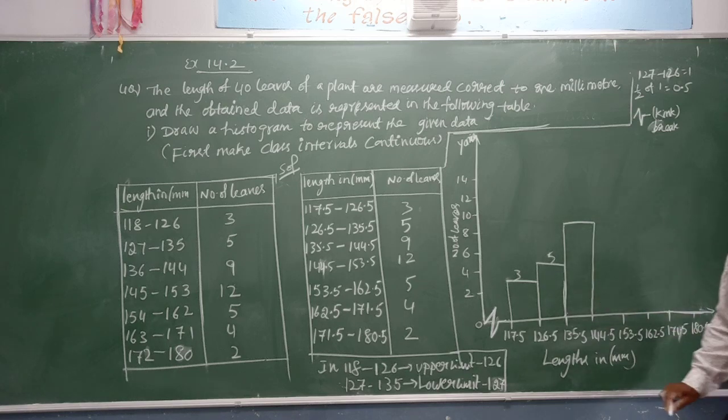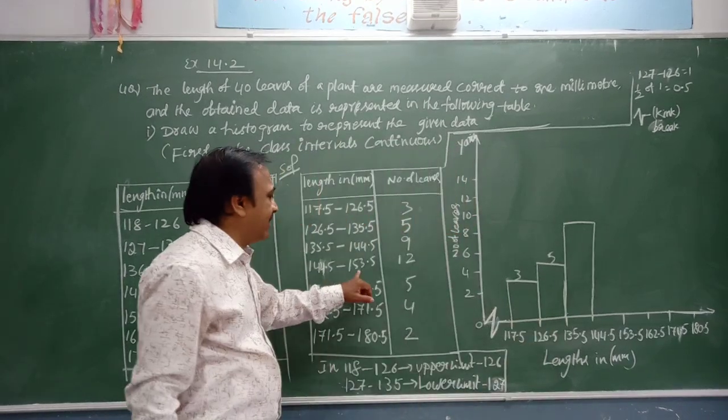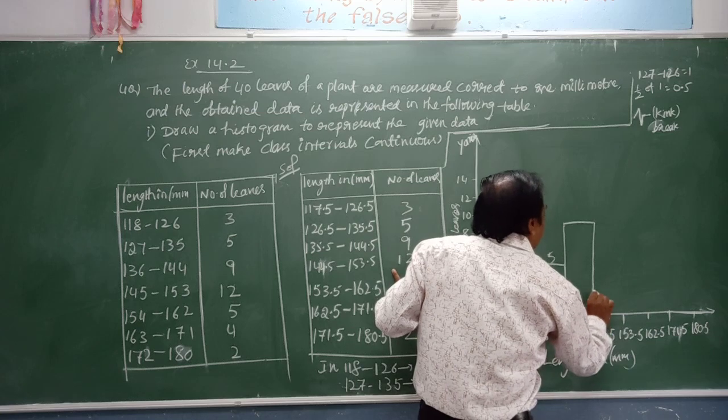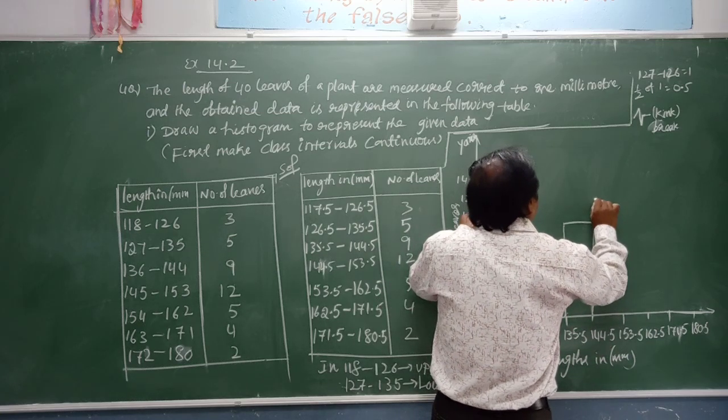You have to use a scale and pencil while representing. Next, 144.5 to 153.5, that is 12. So 12 is up to here.